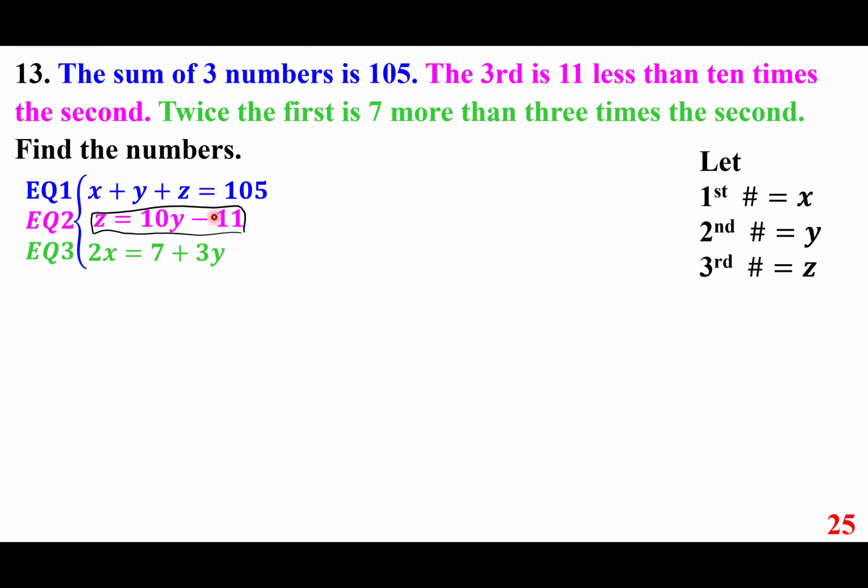So obviously, the best course of action is to substitute the Z here with 10y minus 11 in equation number 1, getting rid of the Z. So X plus Y, and we're going to replace the Z with 10y minus 11, is 105.